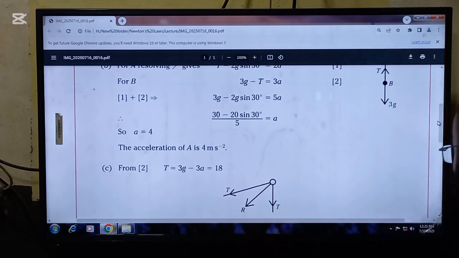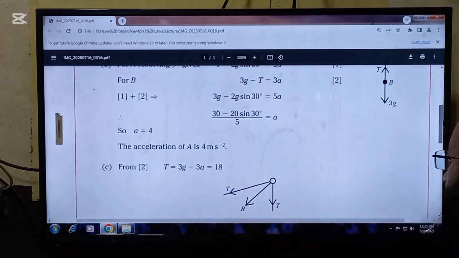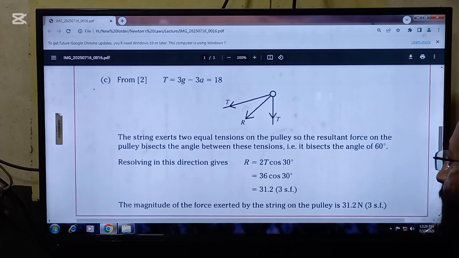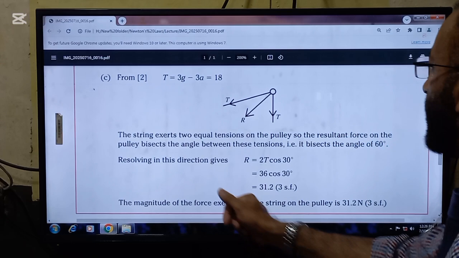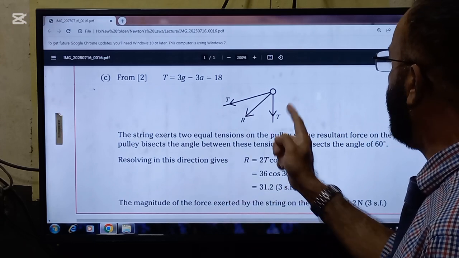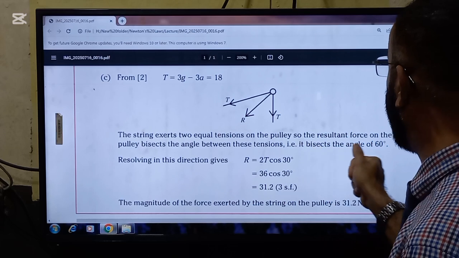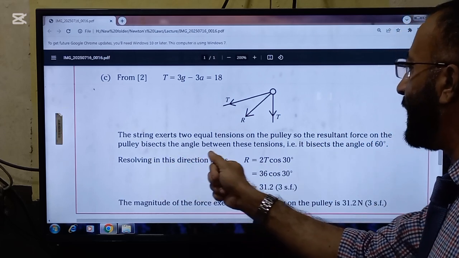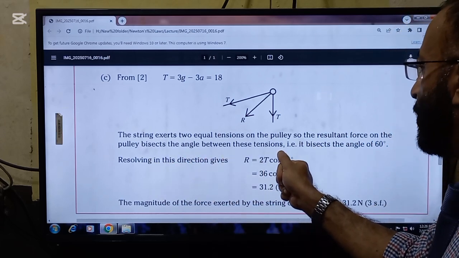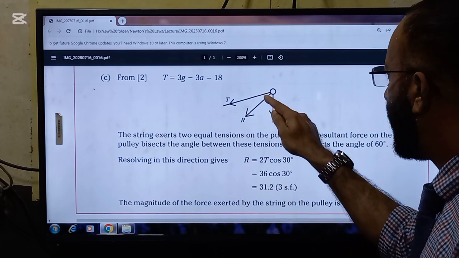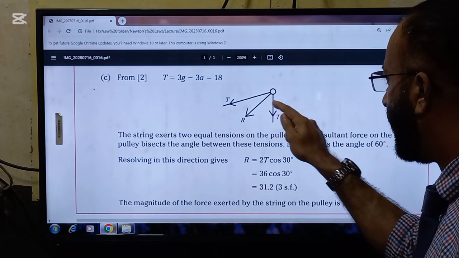Now, this string exerts two equal tensions on the pulley, one in this direction and one in this direction. So the resultant force on the pulley bisects the angle between these two tensions. So here will be the resultant.